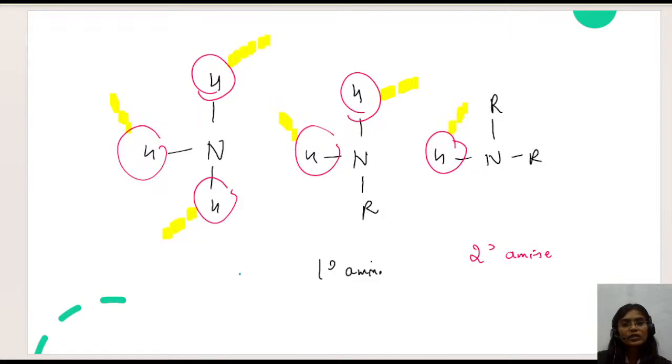So moving from ammonia to the primary amine to the secondary amine, solubility is decreasing. The reason is the decrease in hydrogen bonding, because the hydrogen atom is not there. Tertiary is very, very less soluble in water. So this is how you can go with the solubility.